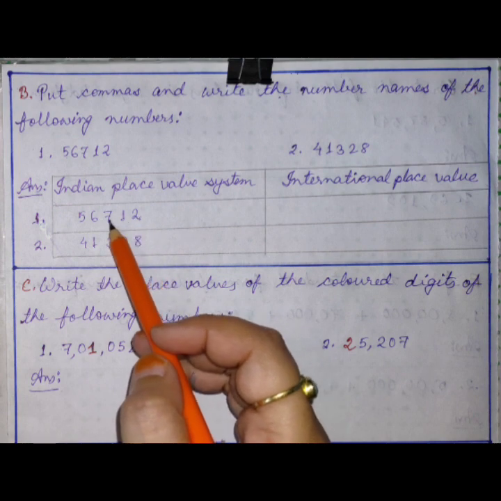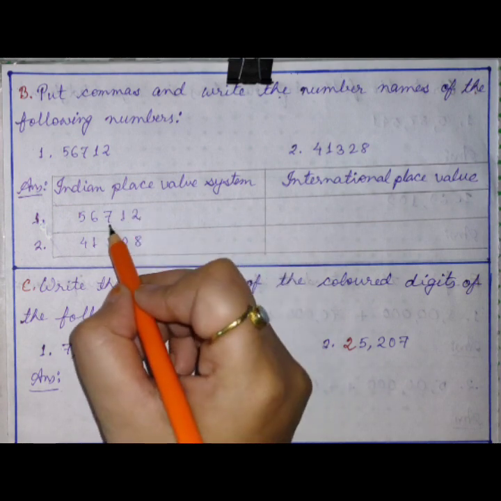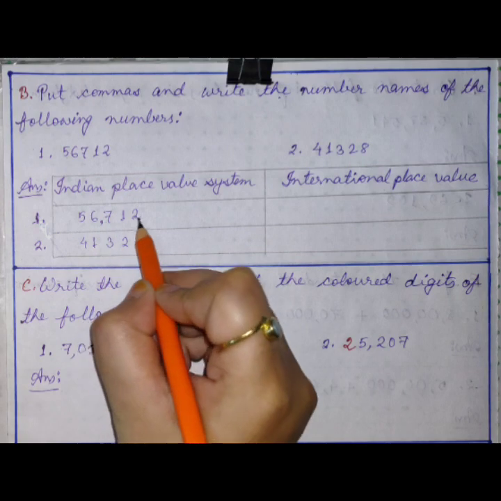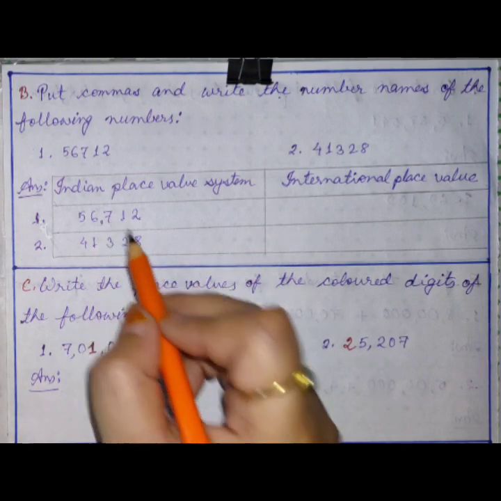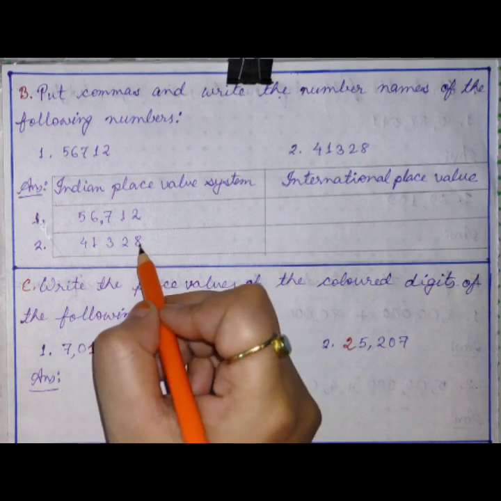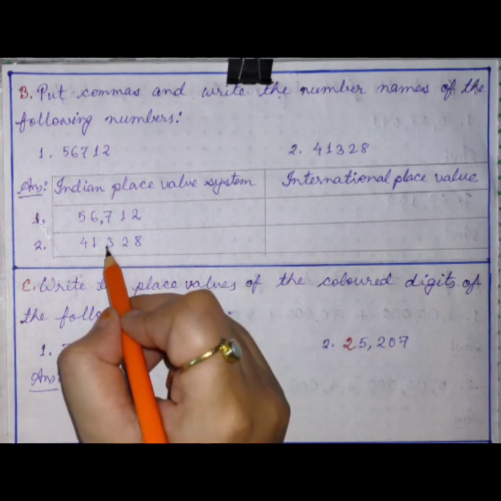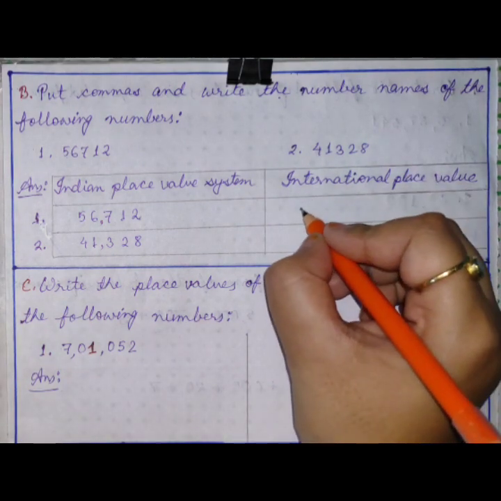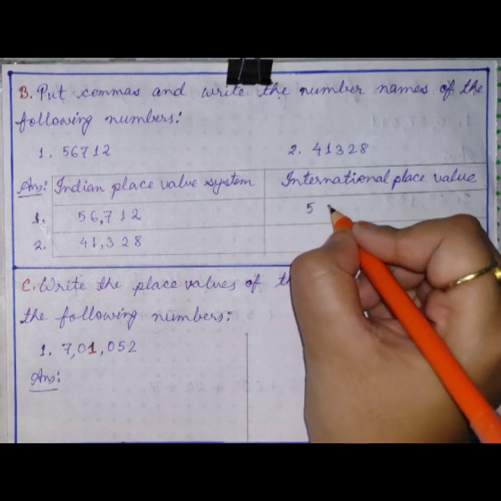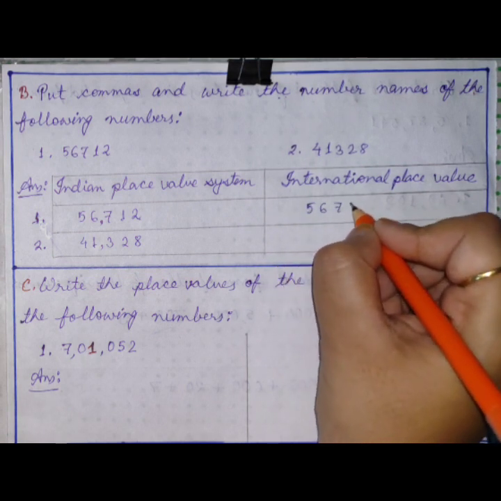First digit, second digit and third digit. So we put the comma here, starting from the right side after the third digit of the given number. For this number also, we put the comma in the same place, right? And for the international place value system, first write the number as given in the question.